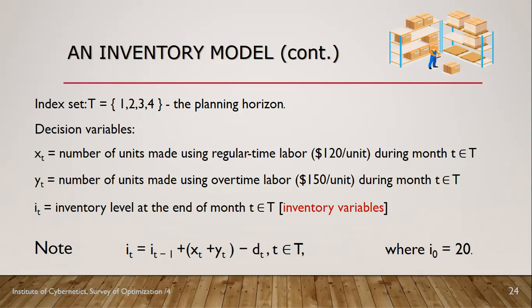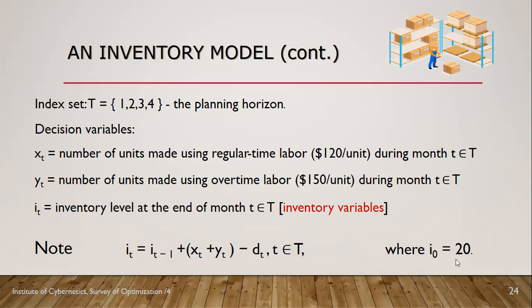So the holding cost of $10, which was in the input information. So it makes sense to introduce the variables representing the inventory level. So that's why I sub T appears here. And we will call them inventory variables. So, I sub T denotes the inventory level at the end of month T.